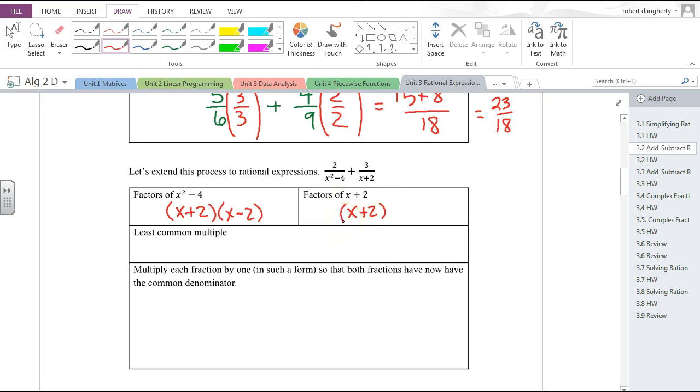So, my common denominator needs to have an x plus 2 and an x minus 2, okay? So this tells me both of those factors need to be in my denominator, okay? This tells me that what needs to be in my denominator? x plus 2. You're in luck because what? You already have one, okay? Very good. So what is the common denominator here?